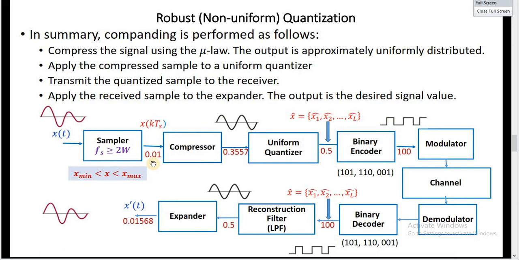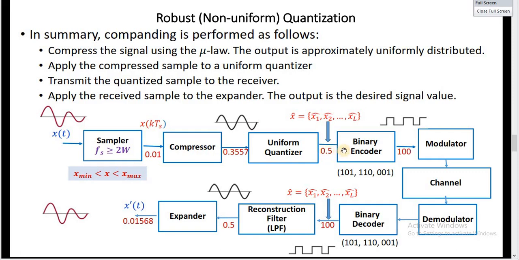So in this example, we applied a sample of 0.01. The compressor output is 0.3557. The quantizer output is 0.5.